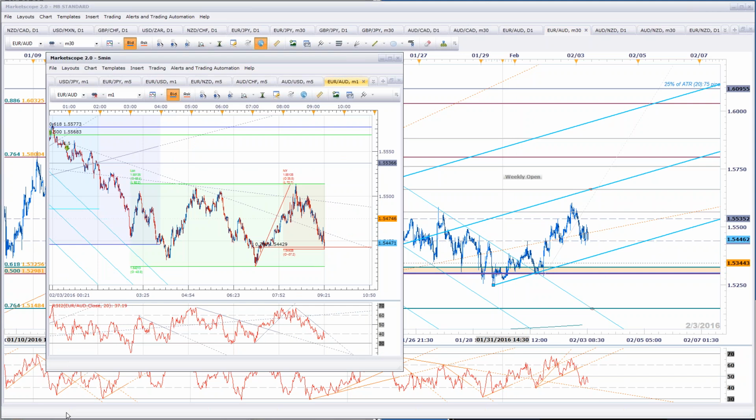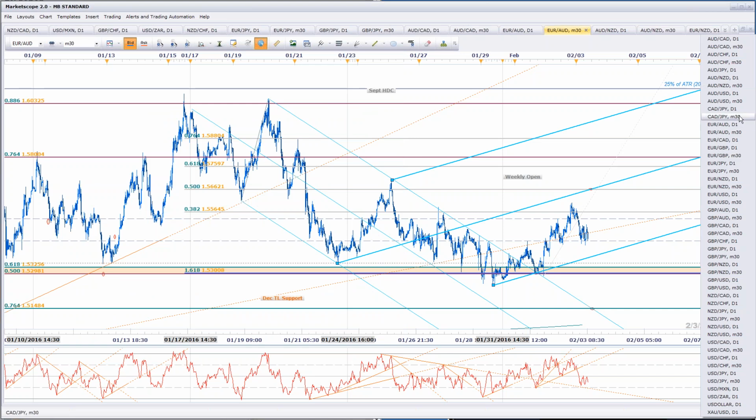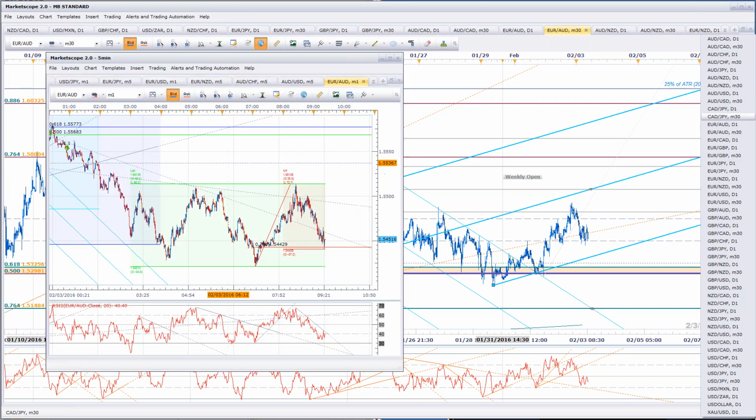Why would you look to short triggers in Aussie yen, not the opposite? Minho says. Let me bring the chart back.